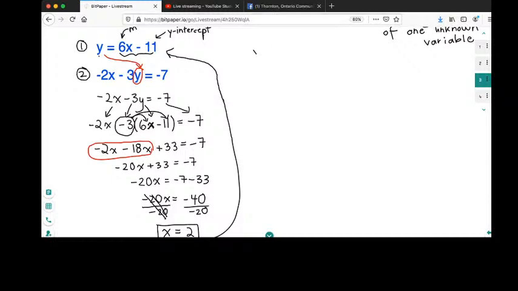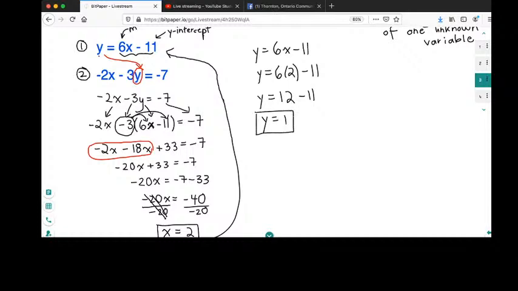So if my original equation 1 was y equals 6x minus 11, then I'm going to plug in the number 2 instead of x. So it's going to be y equals 6 times 2 minus 11, which gives us 12 minus 11 for y, and that gives us 1.